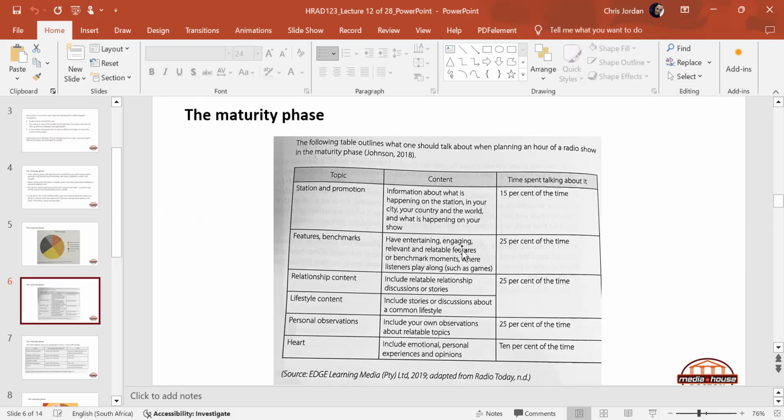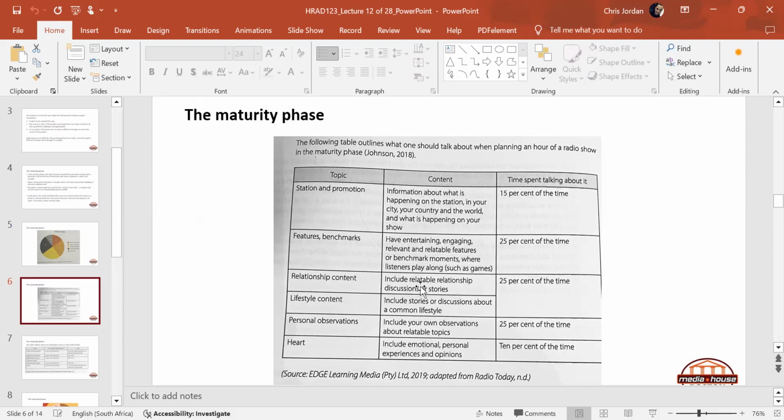In the next lesson, we'll learn how to think about what happens under the umbrella of gaming, so we can build some features for our show. Ideally, benchmarks are things that happen at the same time on every show, or week to week, whatever it may be, 25% of the time.